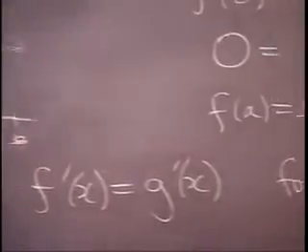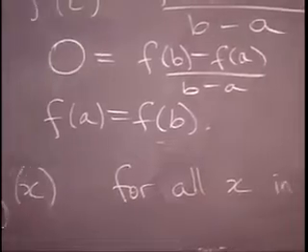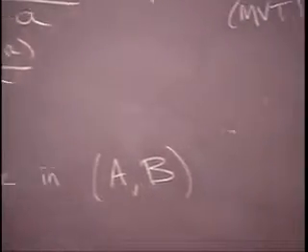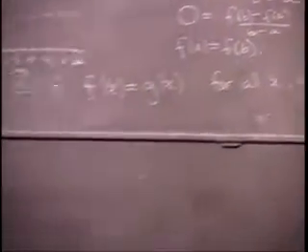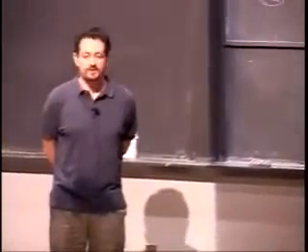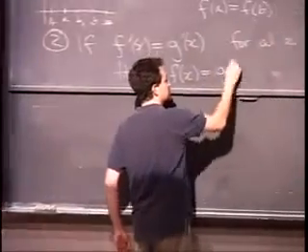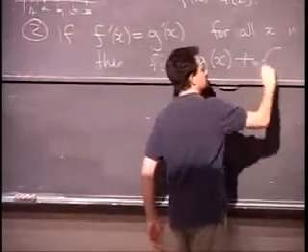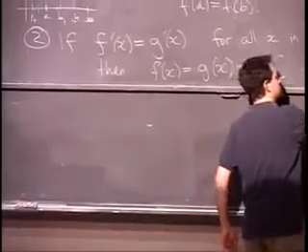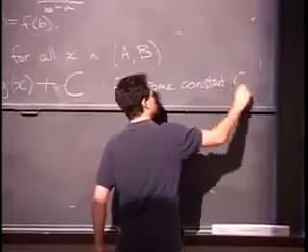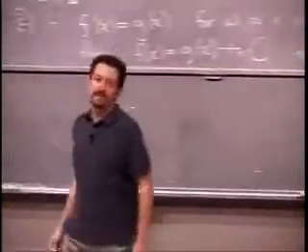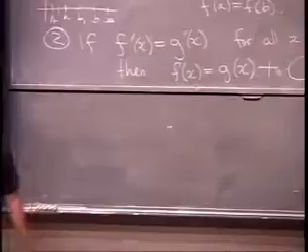If two functions have the same derivative, then they must be what? They must be parallel. They don't have to be the same function. How do you get two functions to be parallel? You just add a constant. There is a constant c such that f of x is g of x plus c.